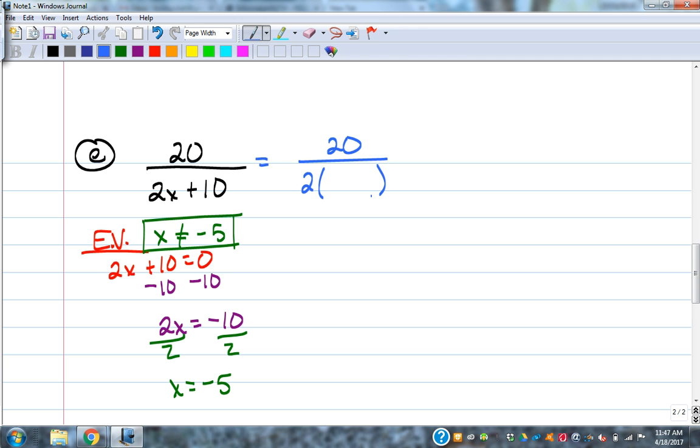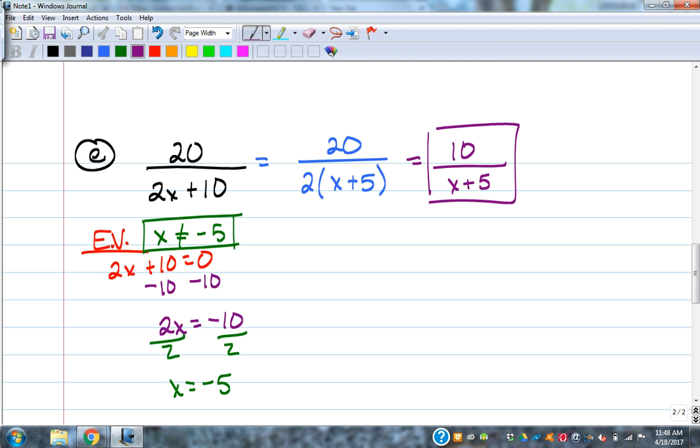What would be left in the parentheses? x plus 5. Okay, so we have a 2 out in the front and then a 20 on top. Do those have anything in common? They're both divisible by 2, so divide them both by 2. 20 divided by 2 is 10. 2 divided by itself, 1. So all I'm left with is x plus 5 on the bottom.